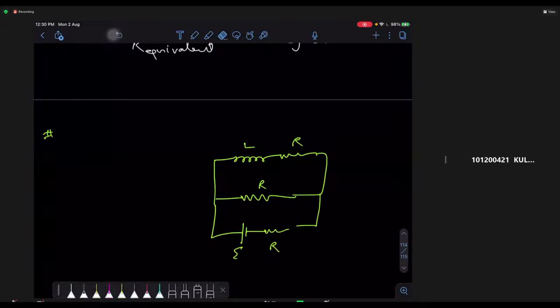So to start, you can consider the battery is not connected. And at time equal to 0, the switch is closed.